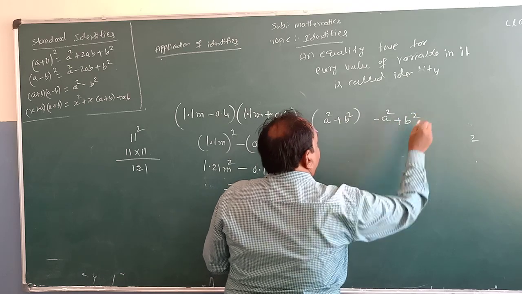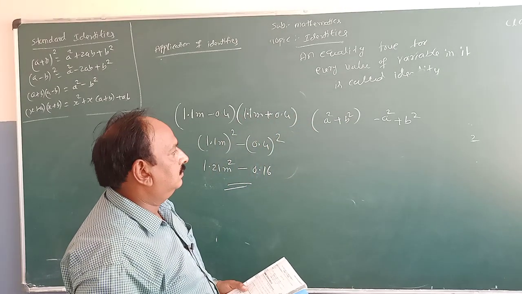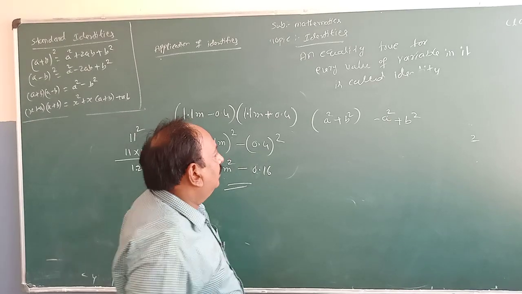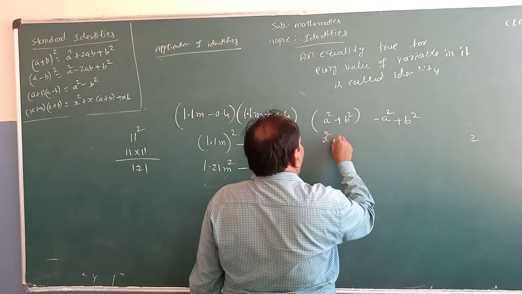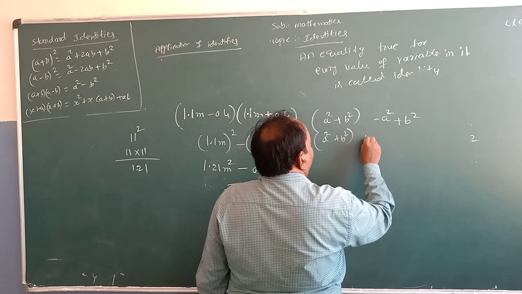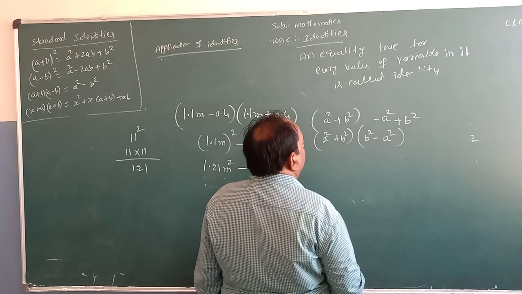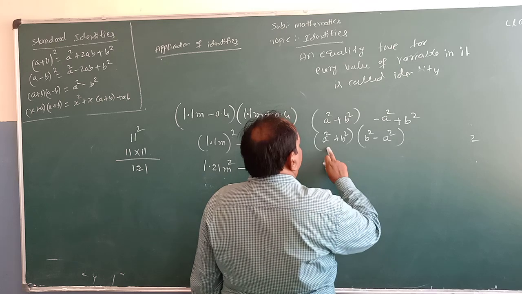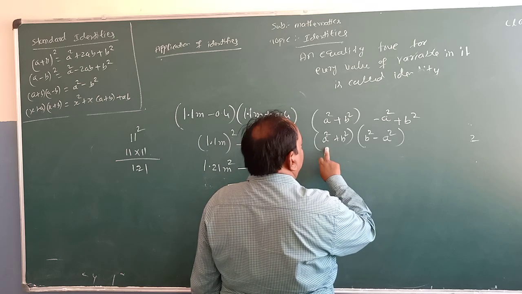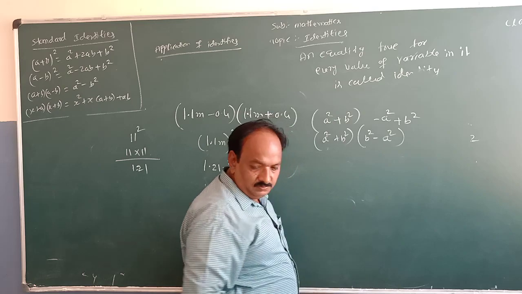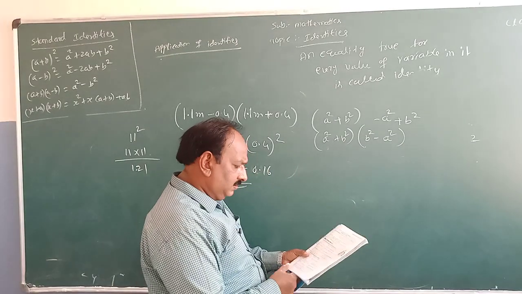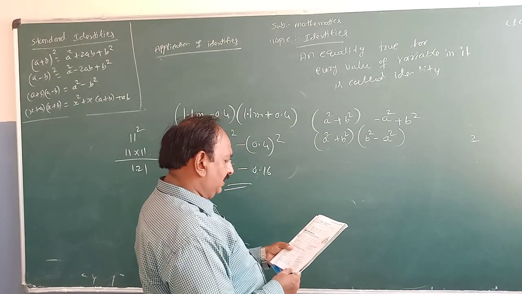Next one is (a² + b²)(−a² + b²). So this is (a² + b²)(b² − a²). There is a bracket there.